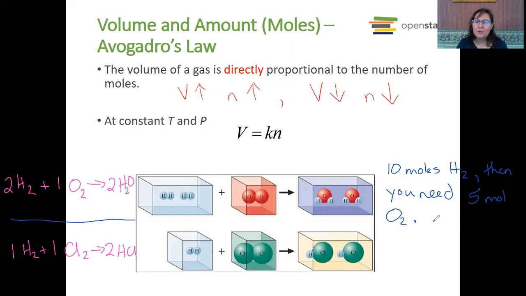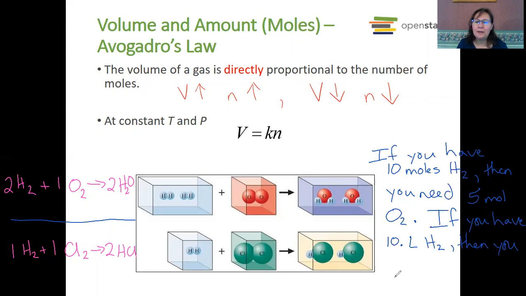But we can also say that if you have 10 liters of hydrogen, then you need 5 liters of oxygen.